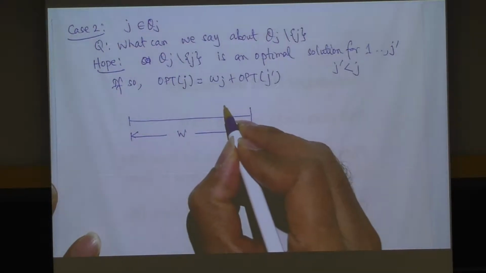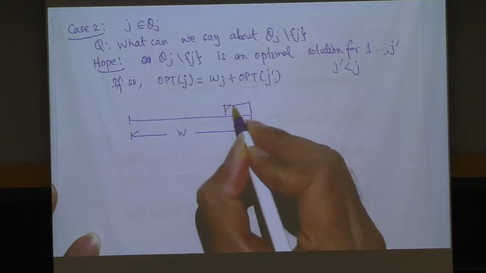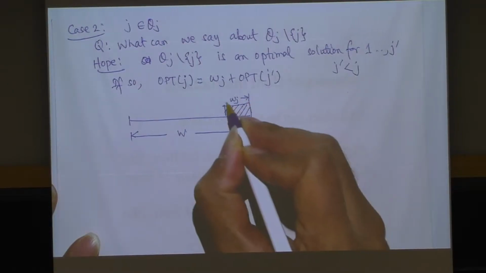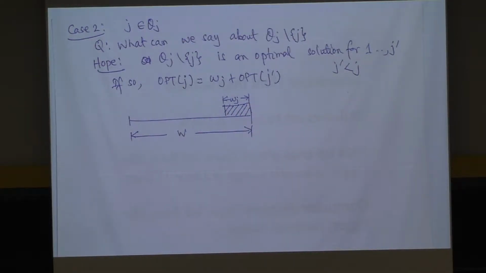So what that means is, I picked this jth guy that has weight Wj, right? So if I pick J, how much of the budget remains to put the rest of the stuff in?